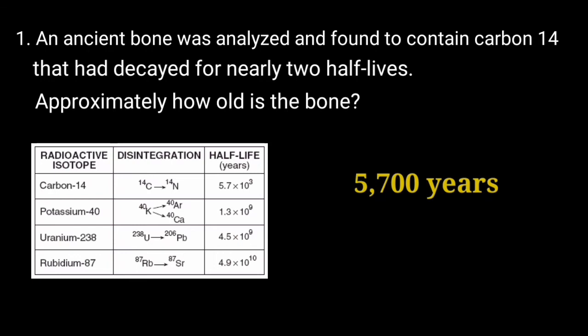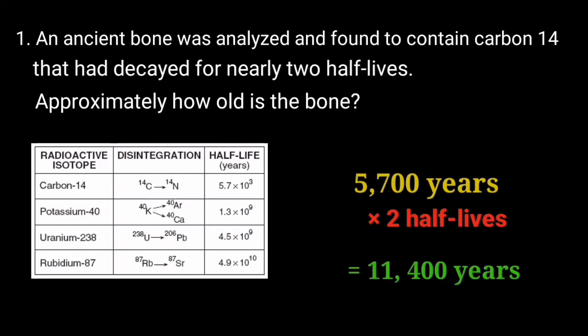So, if it has decayed for 2 half-lives, it means the 5,700 years occurred 2 times. If we multiply the 5,700 years by 2 half-lives, we get 11,400 years, approximately the age of the bone.